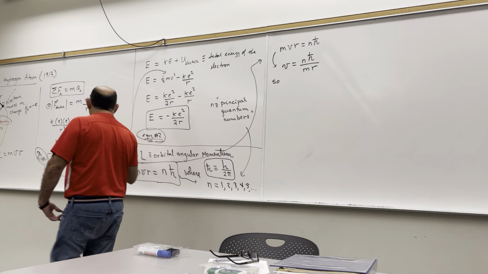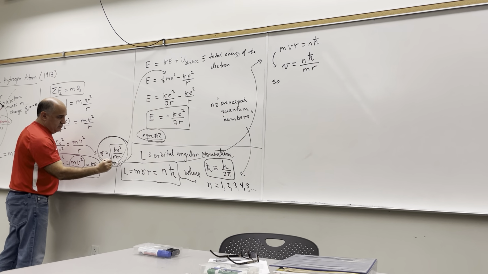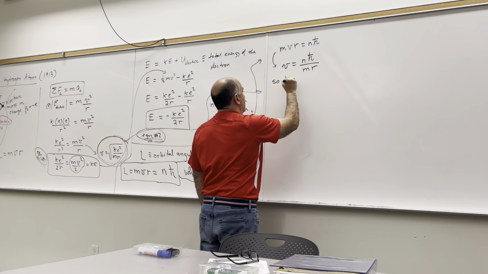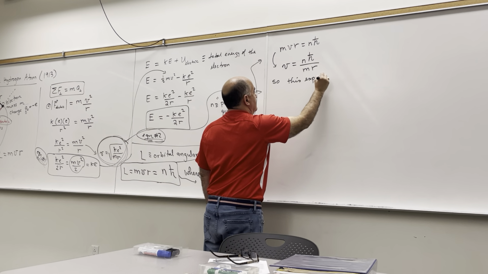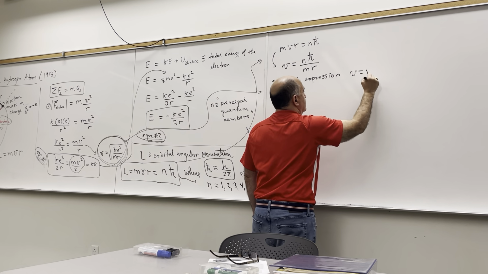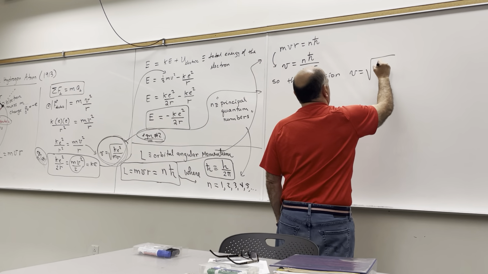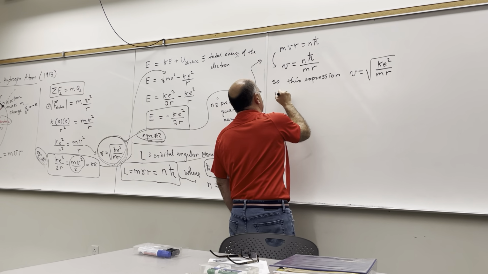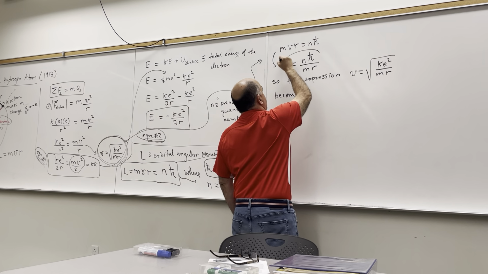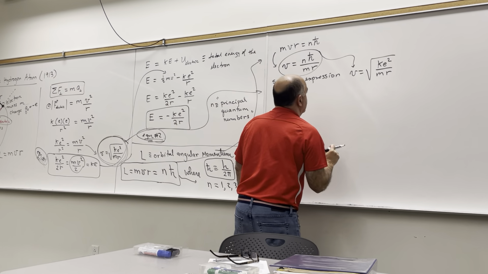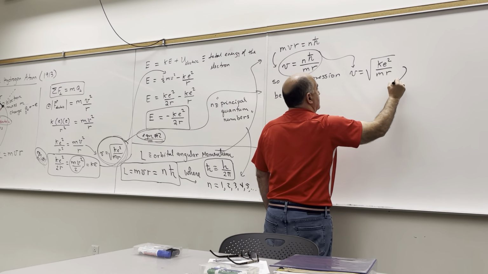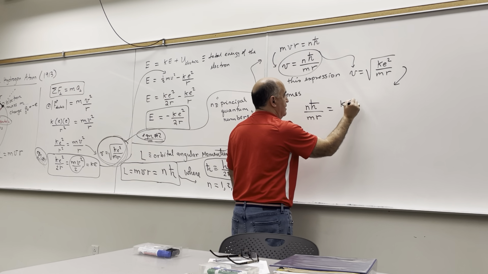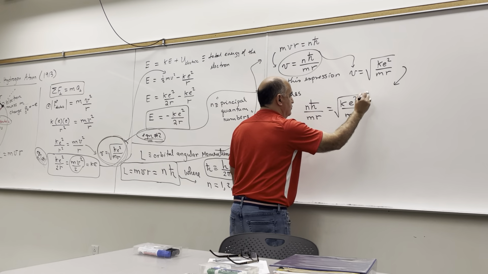And then if I take this expression from here, v equals the square root of Coulomb's constant e squared over mr, and plug it in, then I'm going to get n h bar over mr equals the square root of k e squared over mr. Is that right?